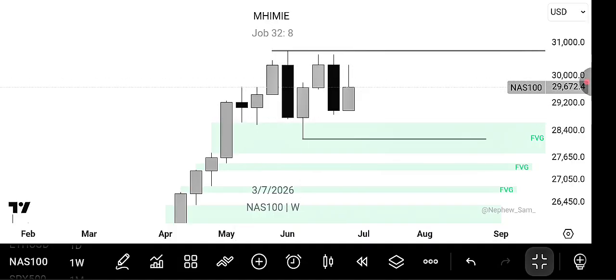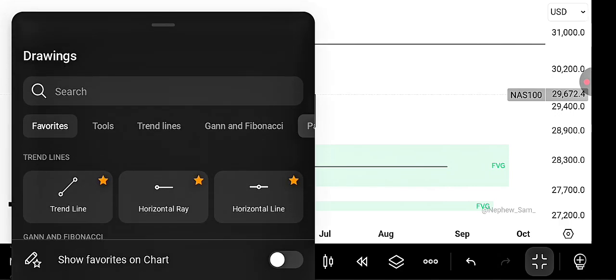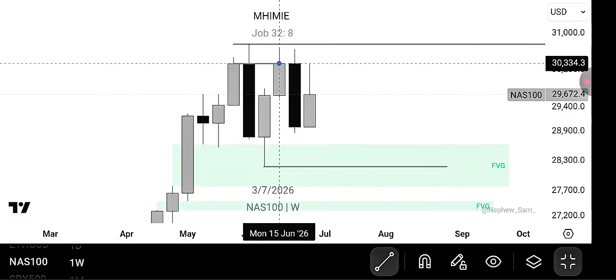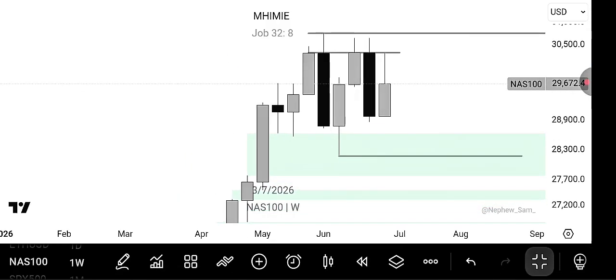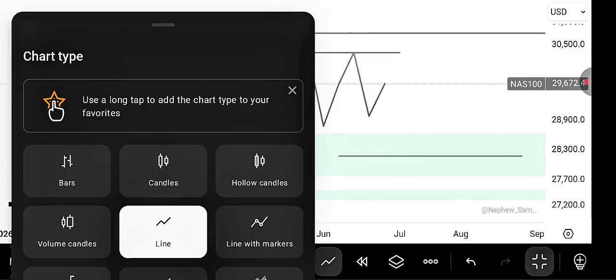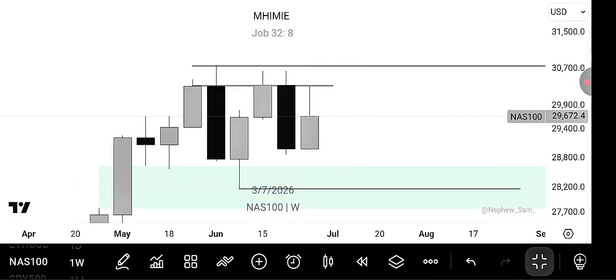Okay, now what happened? Sorry, price came to the resistance level. If you use your line chart, you find that's the resistance level, and price dropped. Price also came to the same point and dropped.